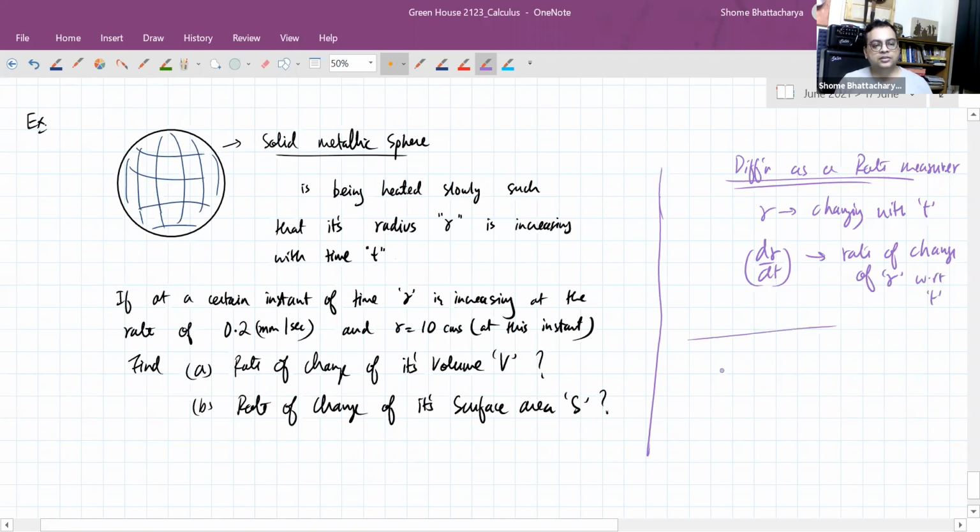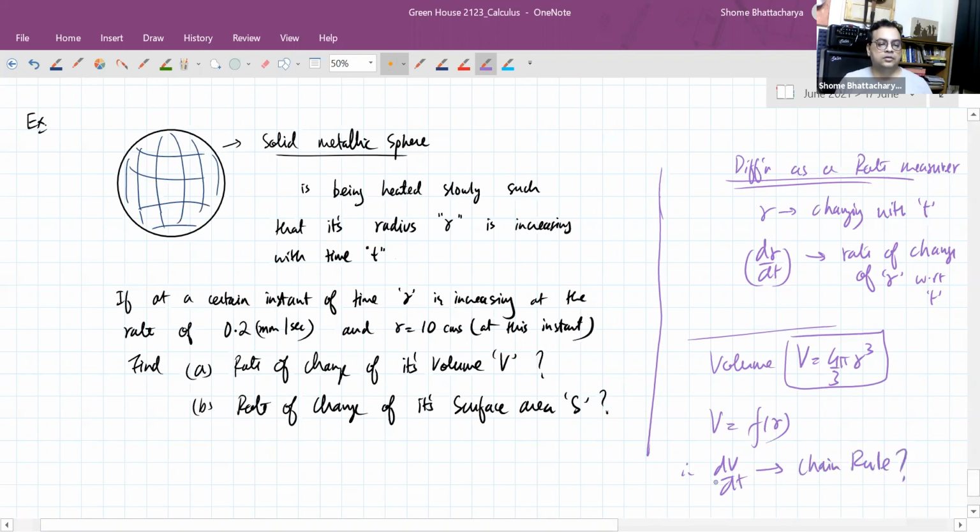Now further, volume V is given by this formula, as you know, for the sphere. So volume is a function of the radius. So to find the rate of change of volume, we'll have to use chain rule. And like that for surface area also. So not only do we have to use differentiation as a rate measure concept, but we also have to apply chain rule when we are trying to find the rate at which V is changing, given that we know the rate at which r is changing.